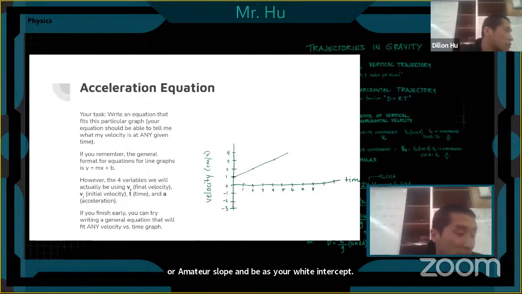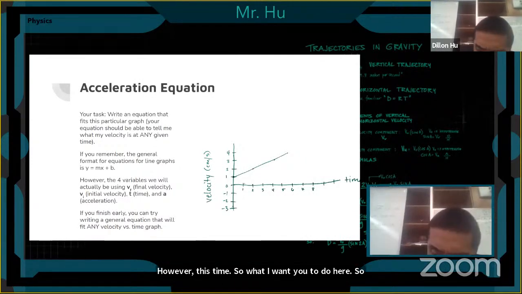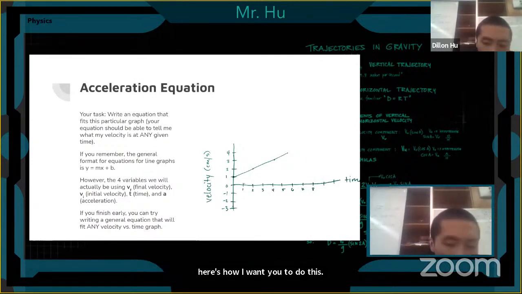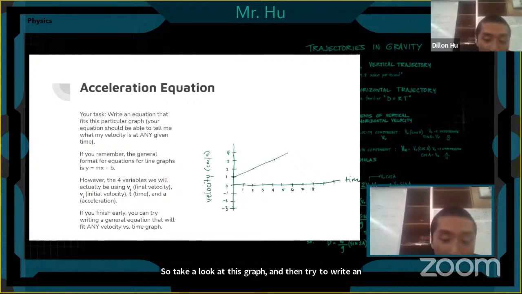Here's how I want you to do this. I first want you to write an equation for this graph in the format of y is equal to mx plus b. Take a look at this graph and then try to write an equation for it in terms of y is equal to mx plus b.